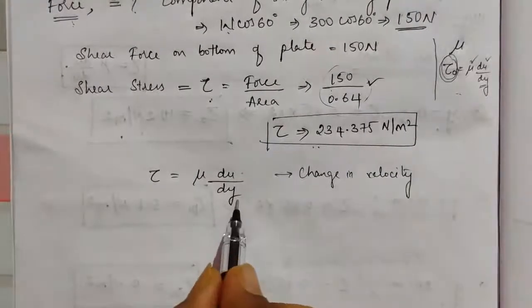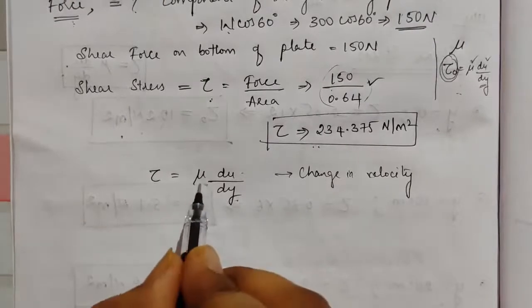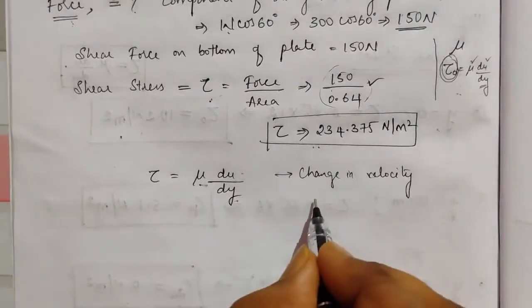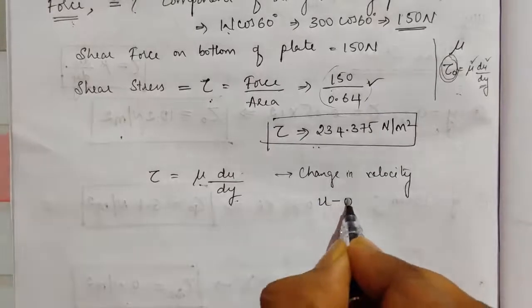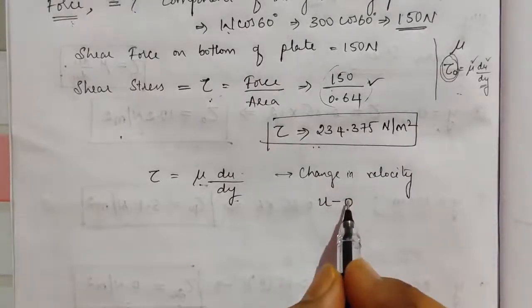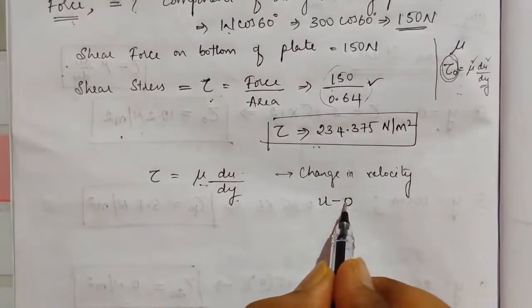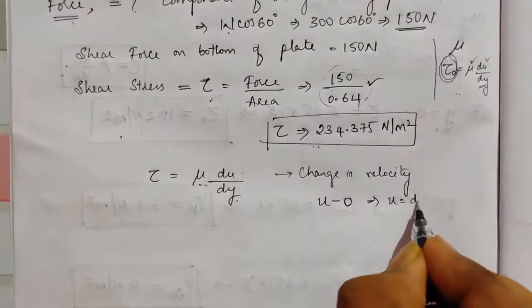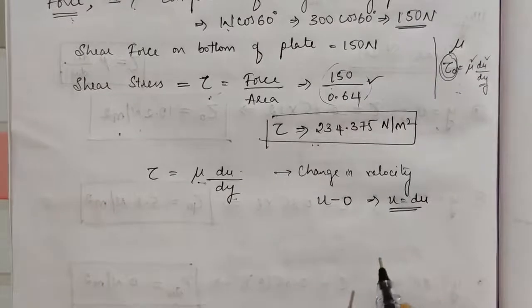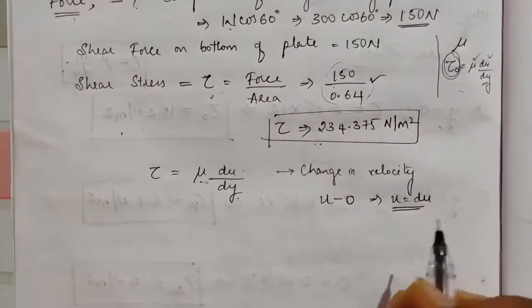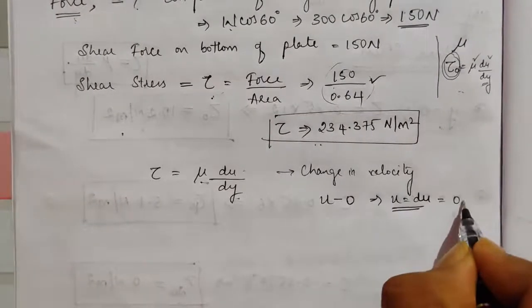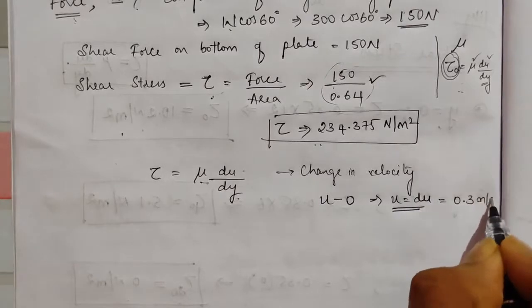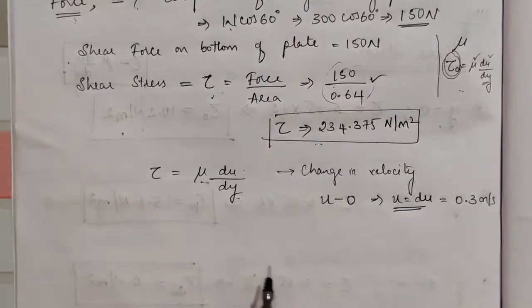Okay, dy is the thickness, mu I need to find. So change in velocity means u minus 0. I don't know the final velocity where it gets stopped. So I'll take u as du only, because the change of velocity I don't know. That's why it is not given. So I'll take du as 0.3 meter per second.